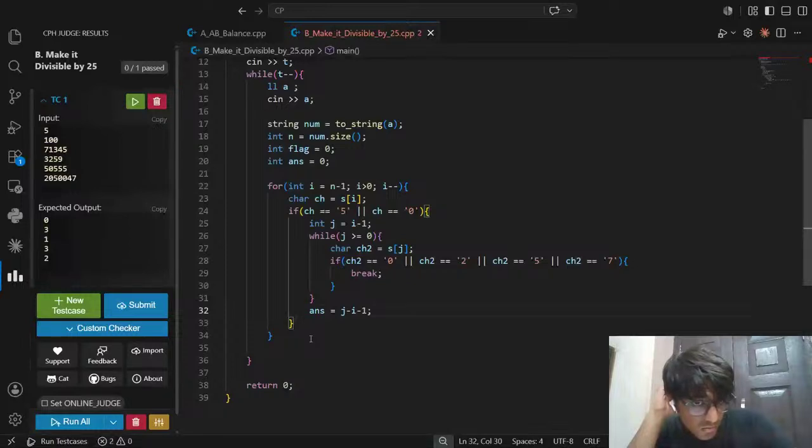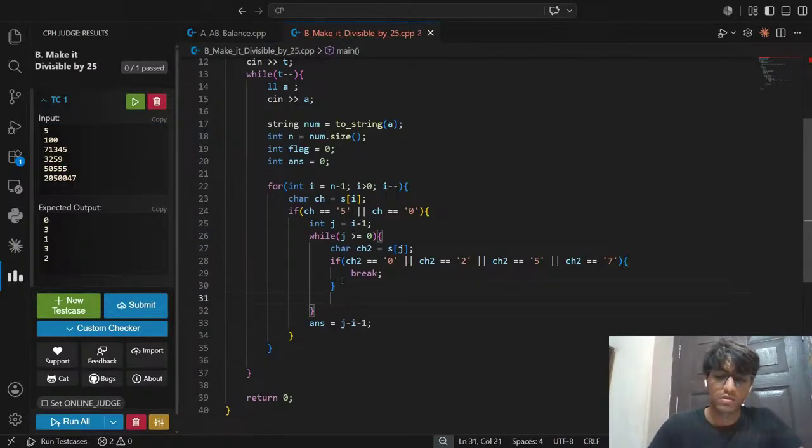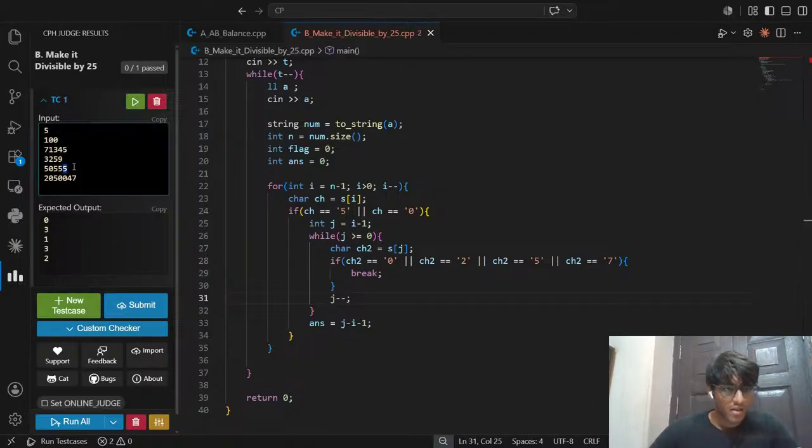And if it's 7, for the first of all 7 won't even get executed, so I don't have to think about it. For 5, I also need to do j minus minus.